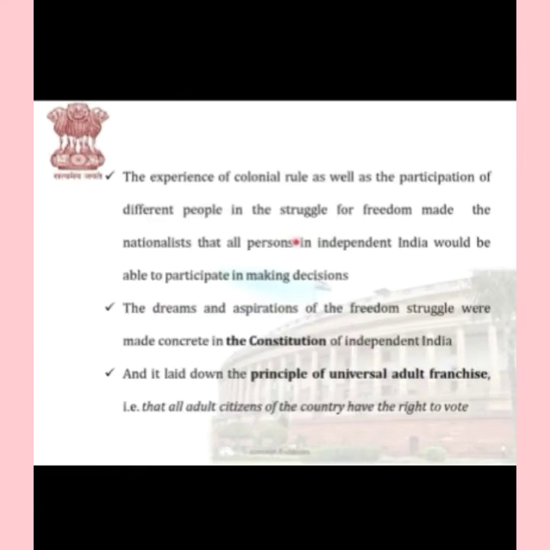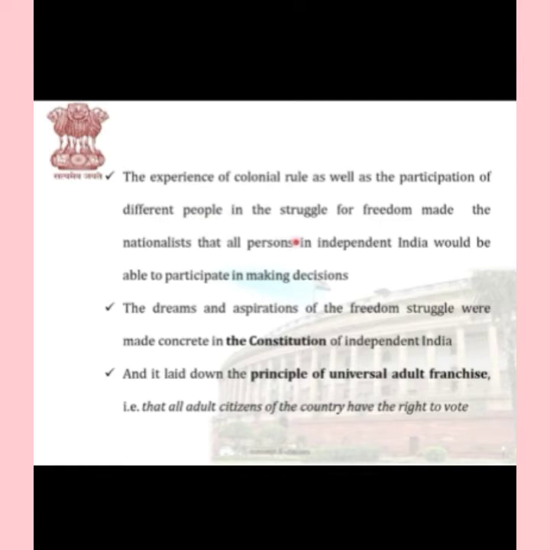Okay, the experience of colonial rule as well as the participation of different people in the struggle of freedom made the nationalists decide that all the people of independent India would be able to participate in decision making. This was the decision taken by the nationalist leaders after colonial rule.